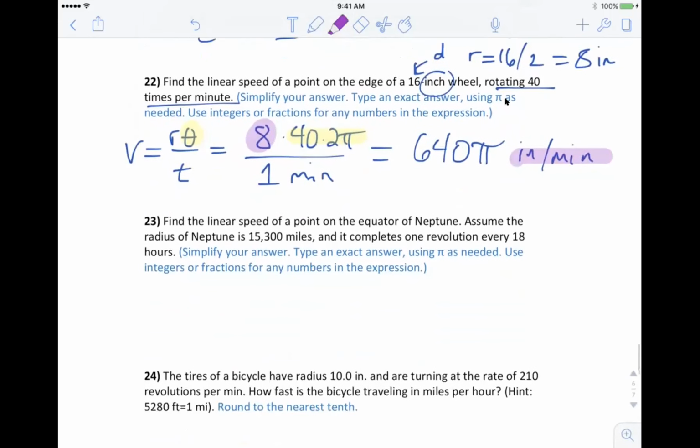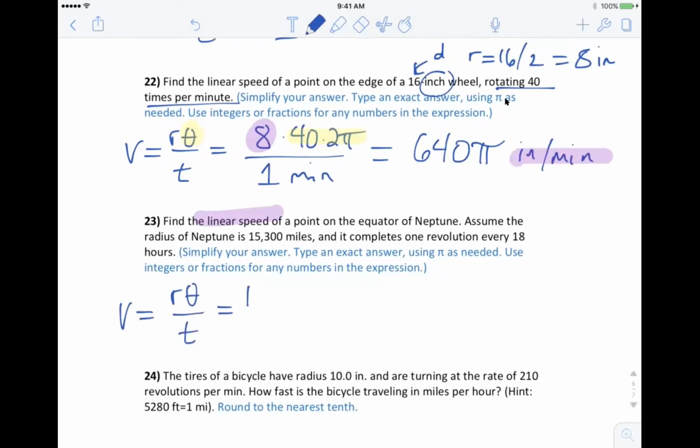Okay. How about the linear speed of a point on the equator of Neptune? Whoa, Neptune. All right, and we've got to know the radius of Neptune, and it completes 1 revolution every 18 hours. Okay, so linear speed, all right, we're back to my linear speed formula, r theta over t.